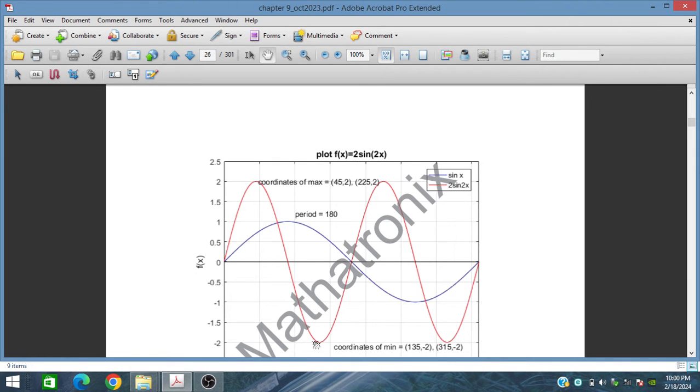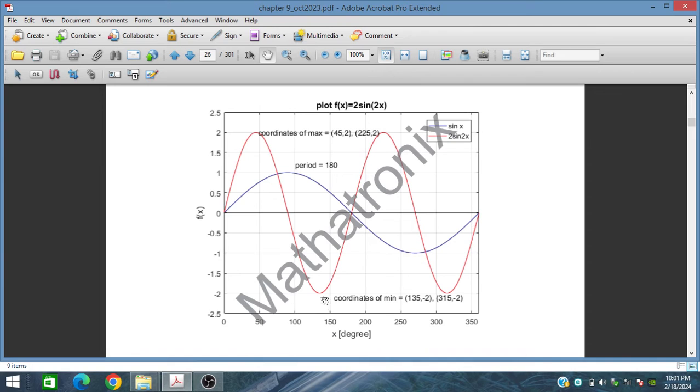So here we have this. The period is from here to here, 180 degree, and the maximum coordinates are 45 degree, and magnitude is 2. This one is 225 degree and 2, these are the maximum values and these are the minimum values.